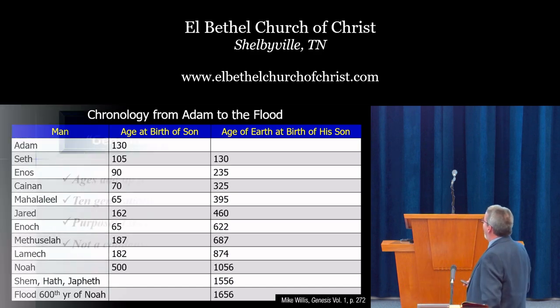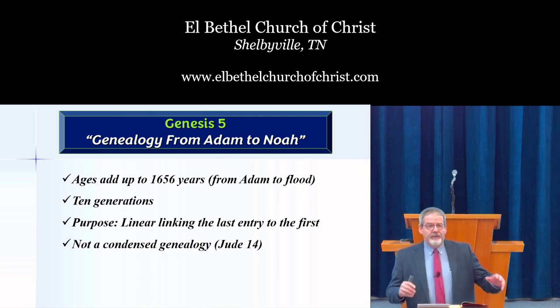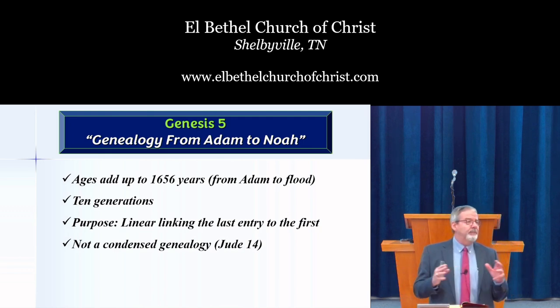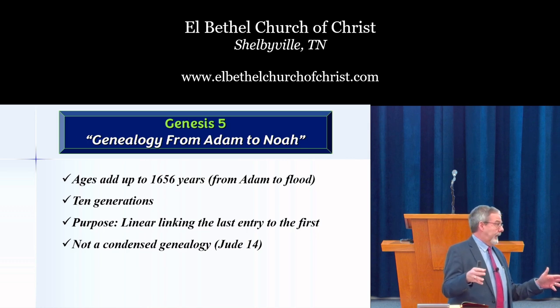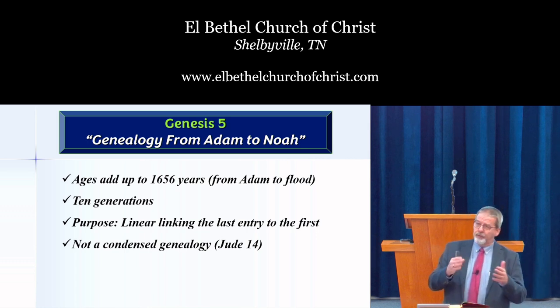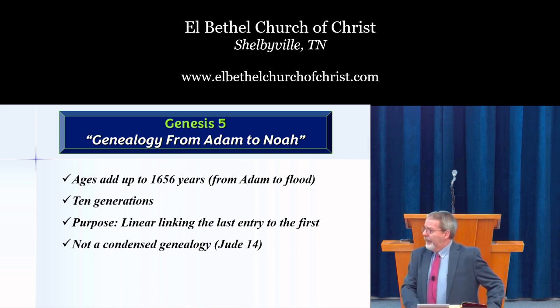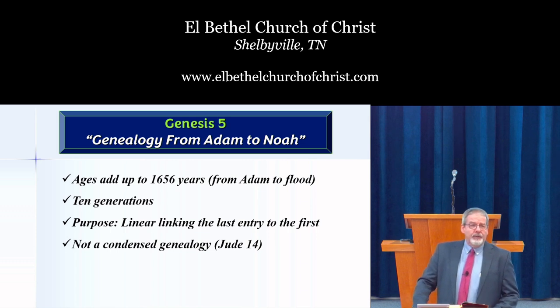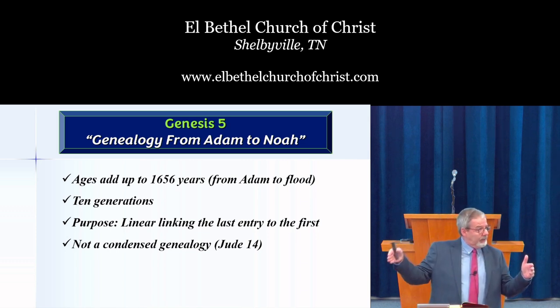Now, I want to go back to this right here. This is not a condensed genealogy. Some have speculated this is a condensed genealogy, meaning that several generations must have been skipped. Genealogies sometimes do that. For evidence, Matthew 1 skipped three generations in one skip, and we noted that in Matthew chapter 1. The purpose of that kind of genealogy is simply to show that this one is the descendant of that one.